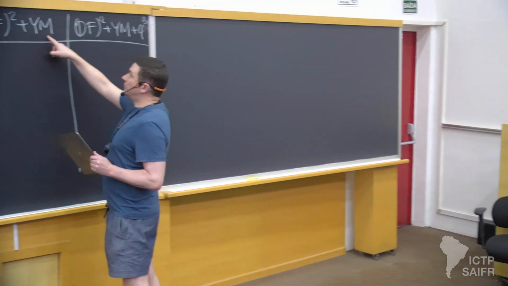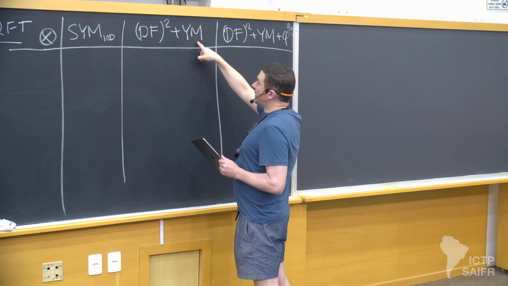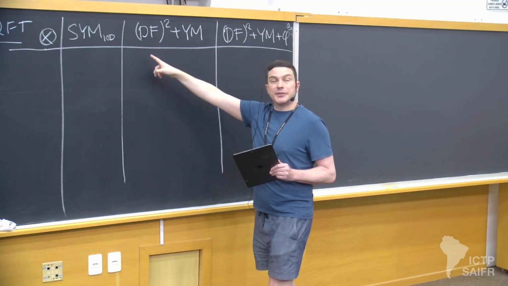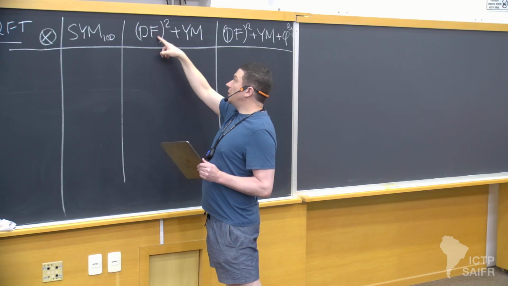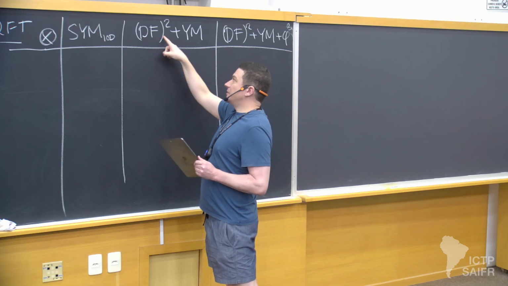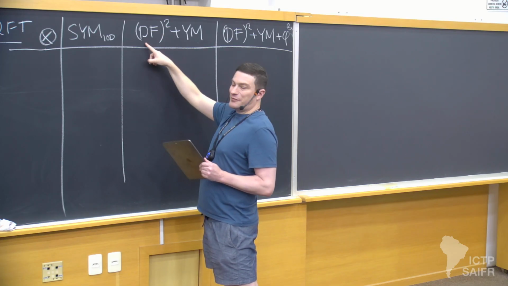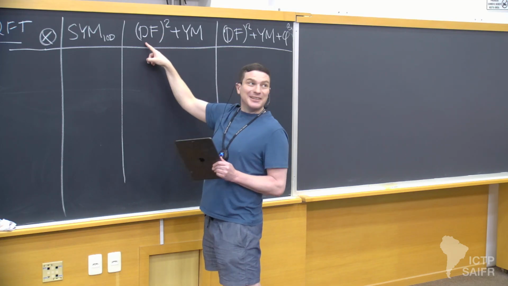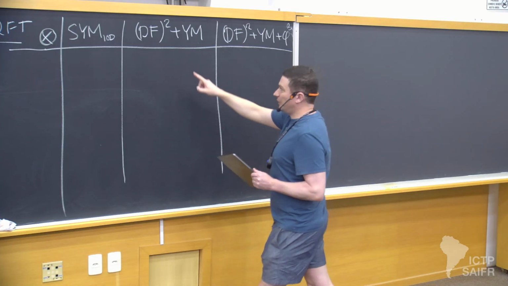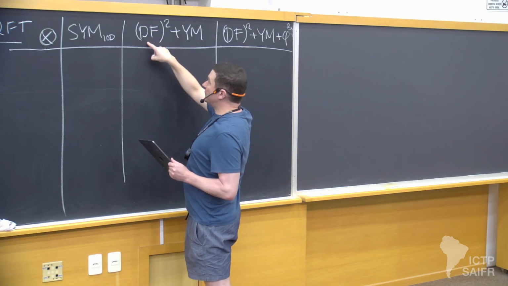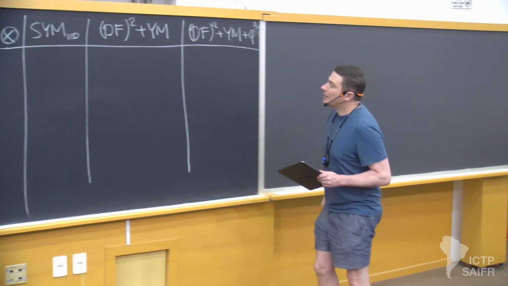And what is this? Well, this is just pure Yang-Mills, but now you have coupled it to a higher derivative coupling. And this is actually just shorthand for a pretty ugly Lagrangian that we call DF squared.